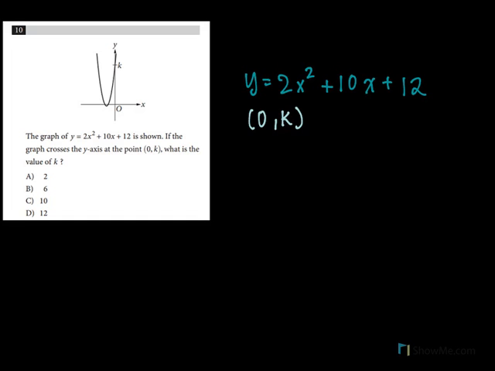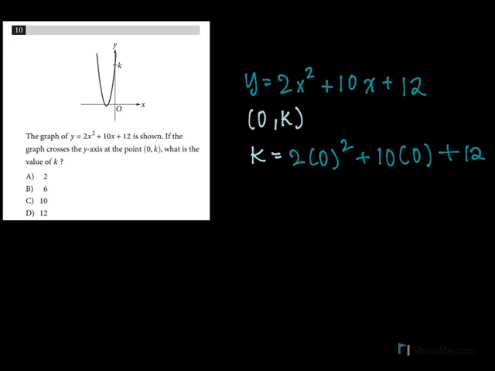So now we can plug in 0 for x and k for y. Let's do that. k equals 2 times 0 squared plus 10 times 0 plus 12.